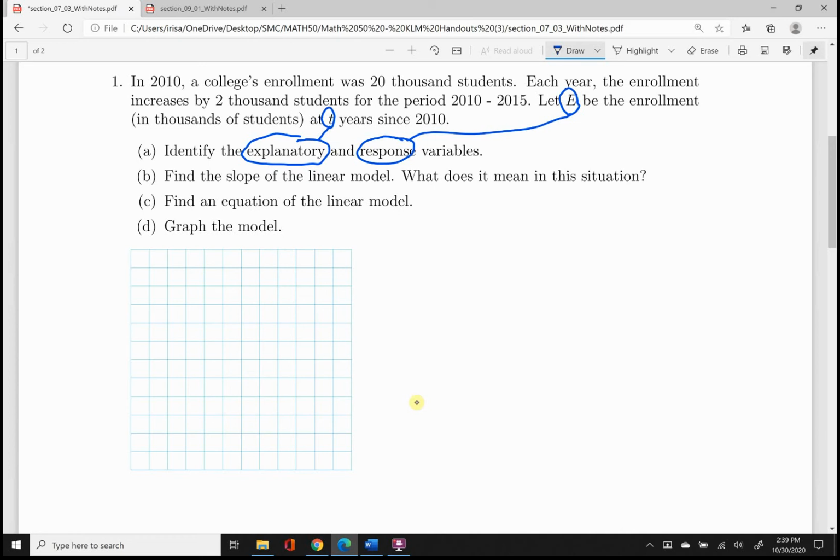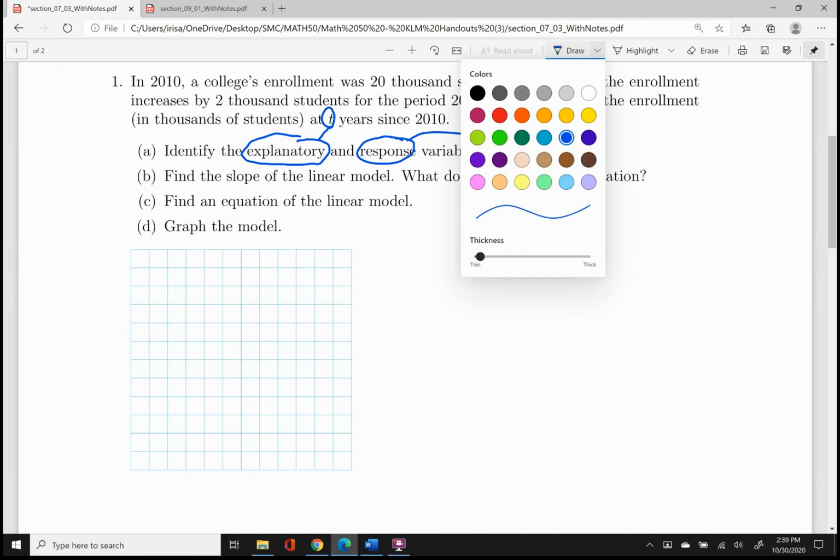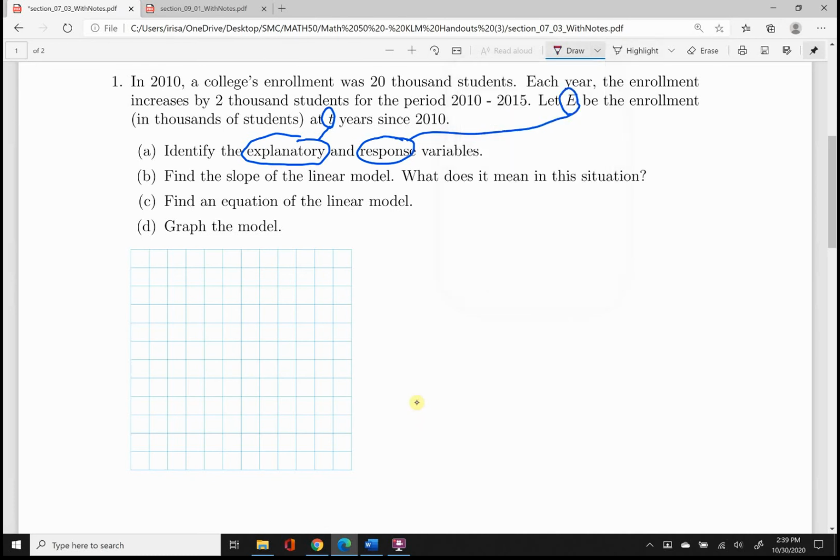Certainly we have an initial condition, which is what I would say is going on with this 2010, 20,000 students. So we can use that to get an ordered pair in order to calculate the slope. Again, T is going to be years since 2010, so that'll be 0 years since 2010. We had 20,000 students.